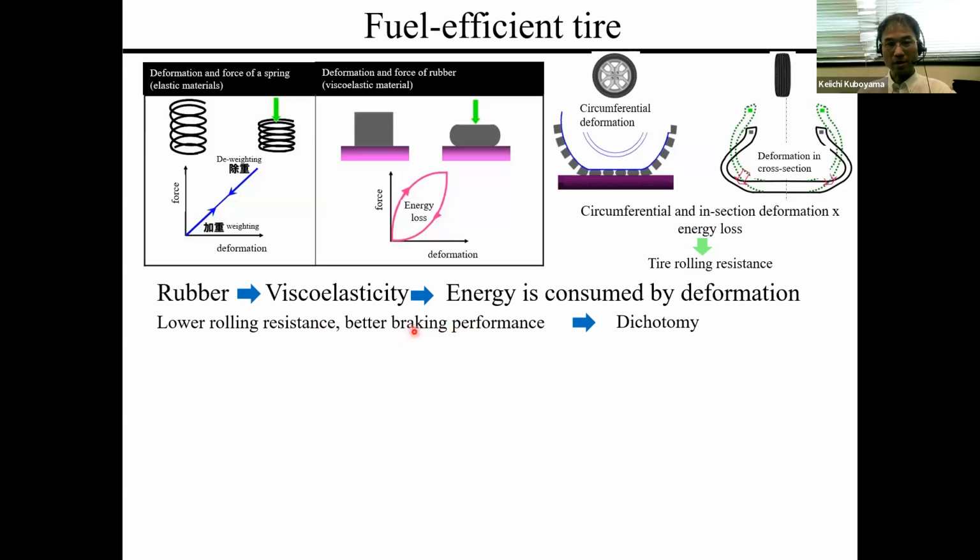When you stop the car, the braking performance is very important, but when you drive the car, low rolling resistance is also important. But both of them are like a dichotomy. When you lower the rolling resistance, the braking performance also becomes lower. So it is difficult to realize both of the properties.